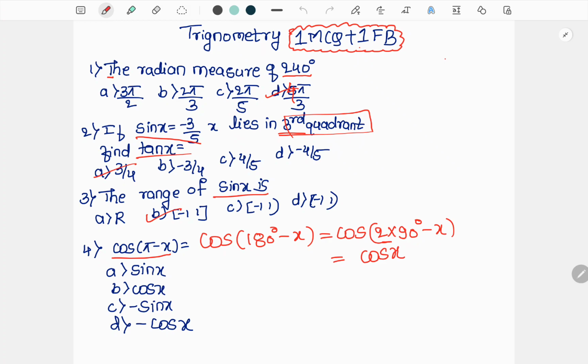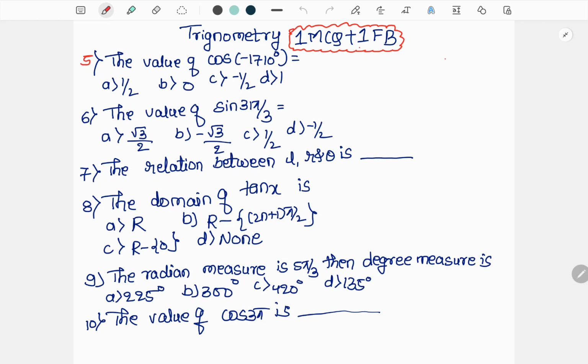X as it is. Minus is there means no need to go for the previous quadrant. So second quadrant, cos is positive or negative? Cos is negative. So minus cos x is the answer. I hope it is clear. So like this, small things you people concentrate on, and you will be able to get the correct answers.